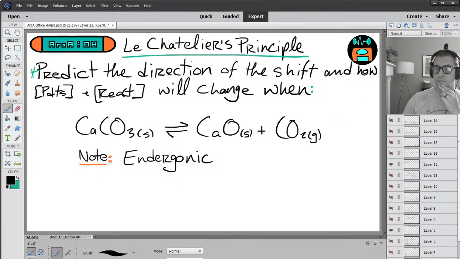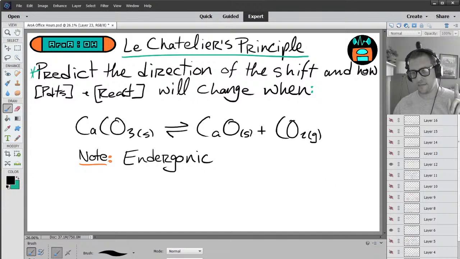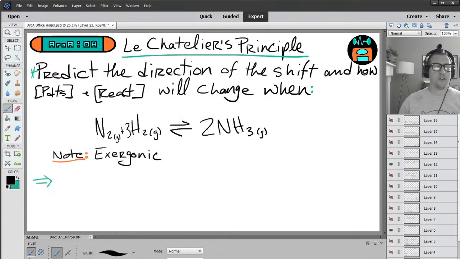Yes, so for the calcium carbonate reaction, a decrease in temperature, oh sorry, for this one, yes. A decrease in temperature will totally add products here.